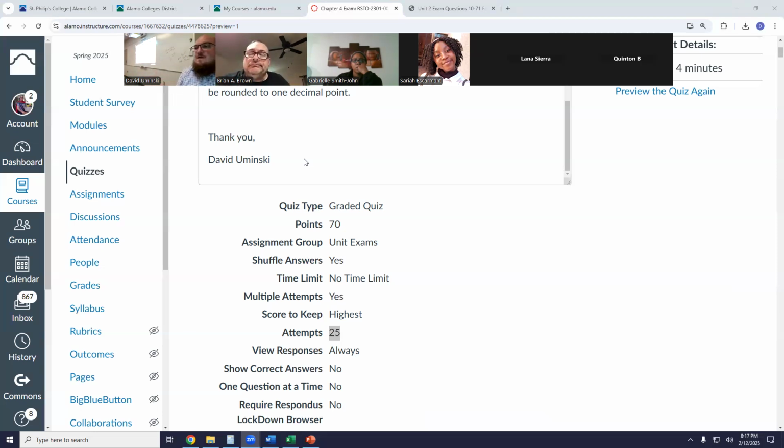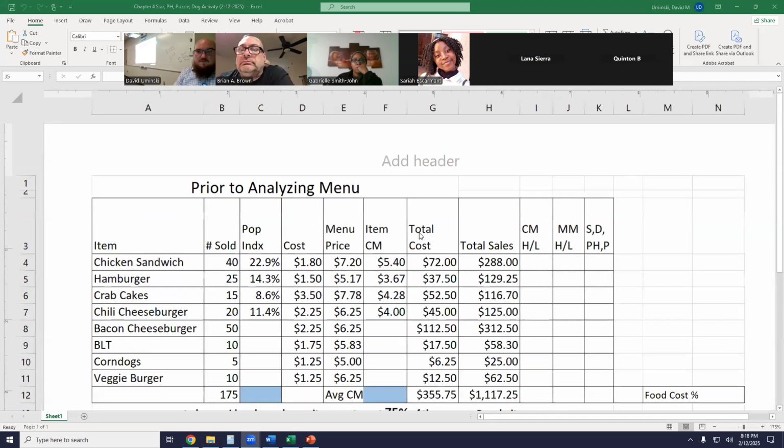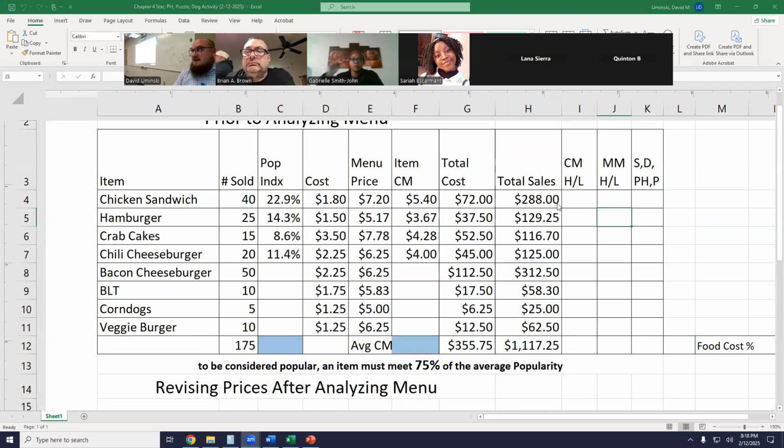Yep. All right. So now let's go ahead, let's get into this activity, this worksheet. So this is our menu prior to analyzing it. So now we're going to take the chance to analyze it. To find our percentage, I've already added all the items up for you.